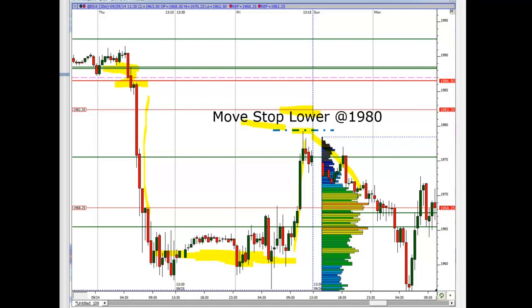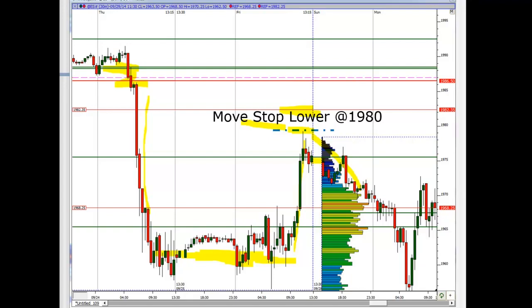So now I have hopefully a little bit of profit in the trade. It's come down to the 1975 level, and that's when I bring my stop lower. So I manage the trade and reduce my risk.